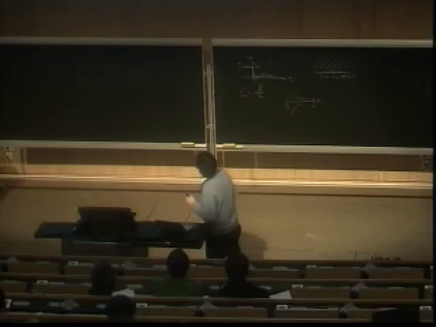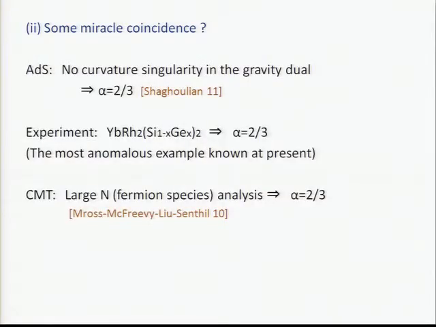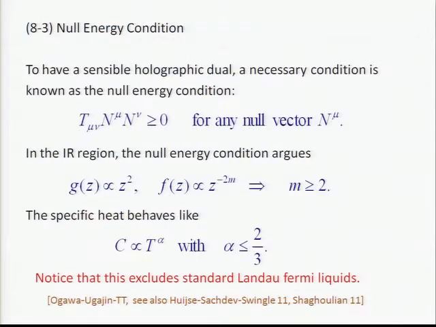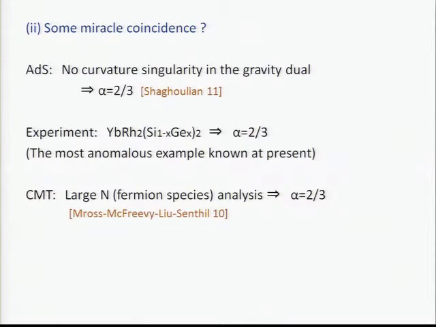Also, there are some very interesting coincidences. Among these configurations, among these metrics, this is a bound, but first of all, this 2/3 is a special value, and only when 2/3 is realized is the situation less singular, with no curvature singularity.